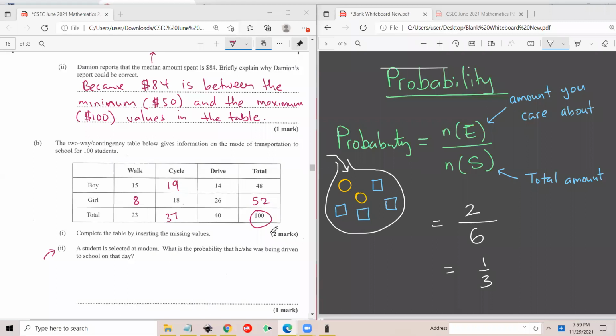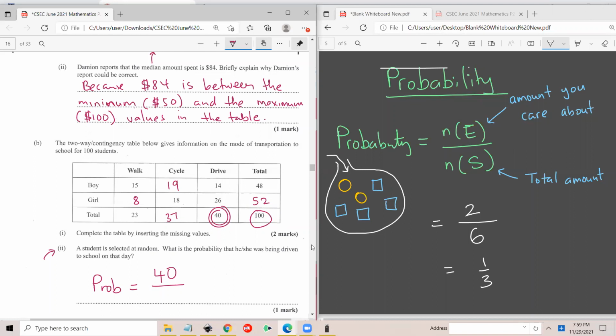Alia, correct. Karishma, correct. Tiffany, correct. Take 2 more answers. Amara, correct. So 40 people. To calculate the probability, 40 people were driven. Look here. And how many people were there in all?